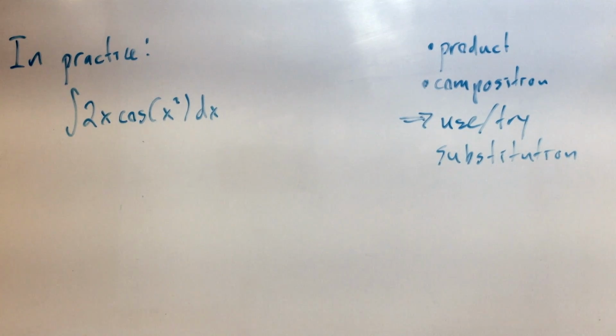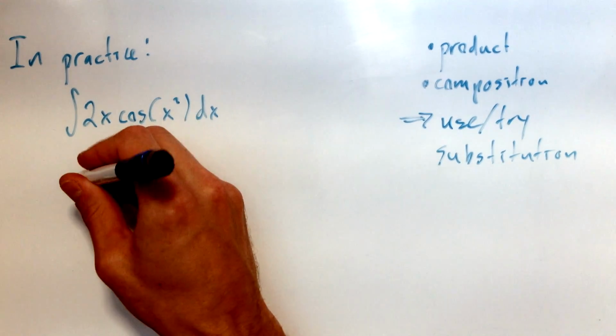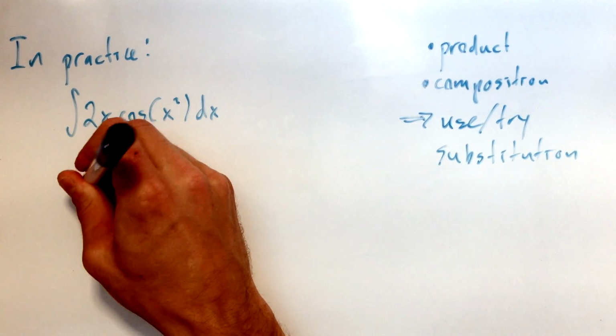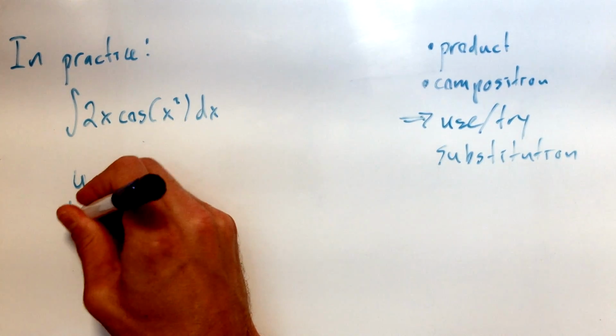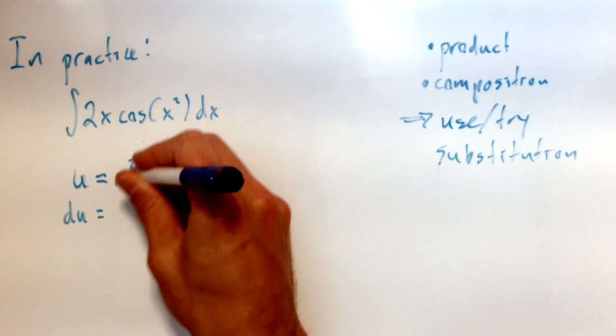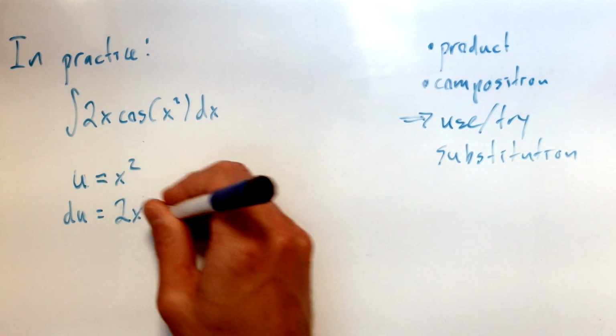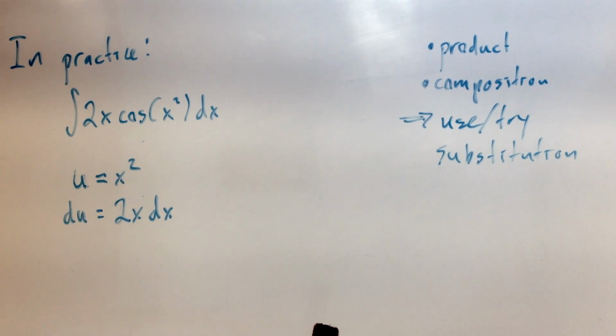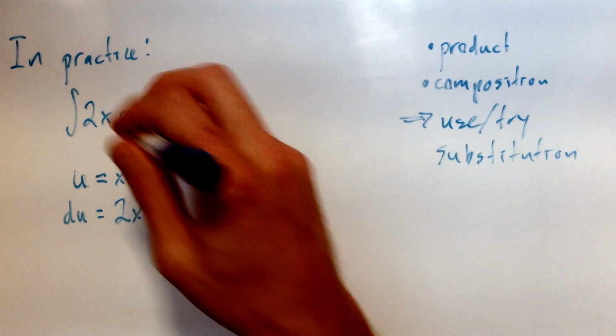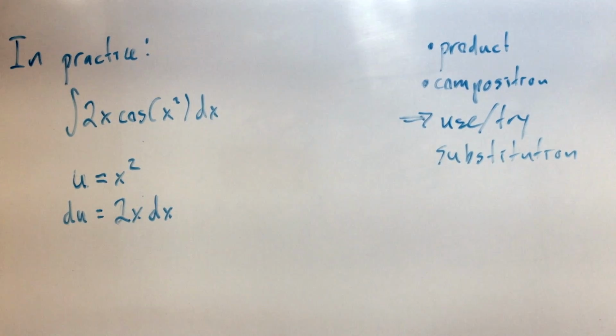So the natural thing to try to do here is to let u be the inside function x squared. Then du is equal to the derivative of x squared, which is 2x, and don't forget to put the dx there. Now, if you like, you can rewrite your integral so that the 2x comes after the cosine of x squared, so it literally looks like 2x dx, but you don't really need to do that. What I like to do is this.